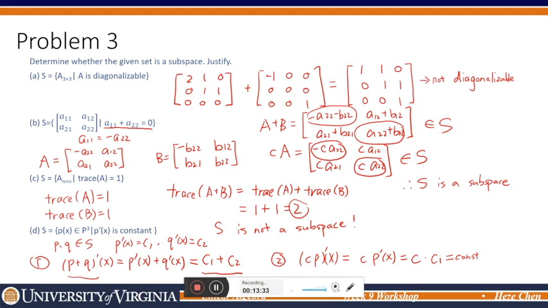The new function CP has a first derivative equal to a constant, so the set is closed under scalar multiplication as well. Finally, P equal to 0, the zero polynomial, is inside S. Thus, S is a subspace.